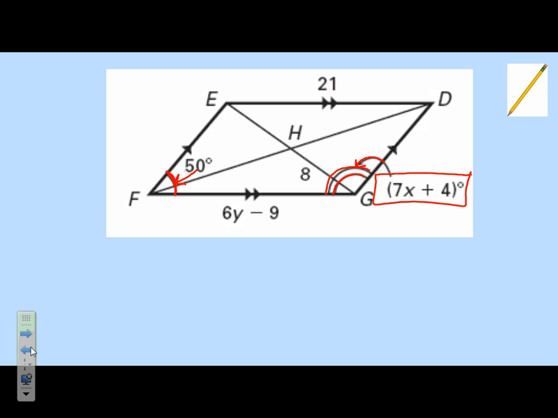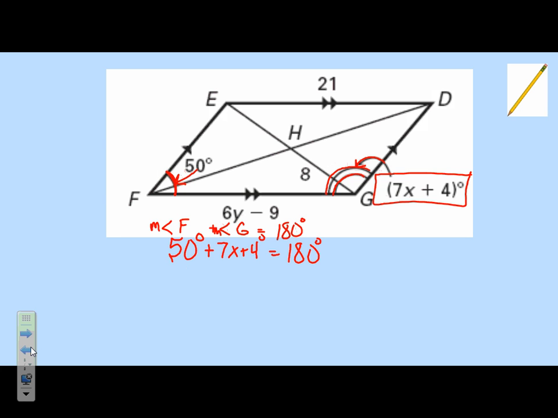So what I would do to solve for x is I would take my 50-degree angle, which is angle F, plus angle G here is going to make 180 degrees. So the measure of angle F is 50. The measure of angle G is marked with 7x plus 4. And then I know it's going to make 180 degrees when I add them together. So 50 degrees, these are all in degrees here.